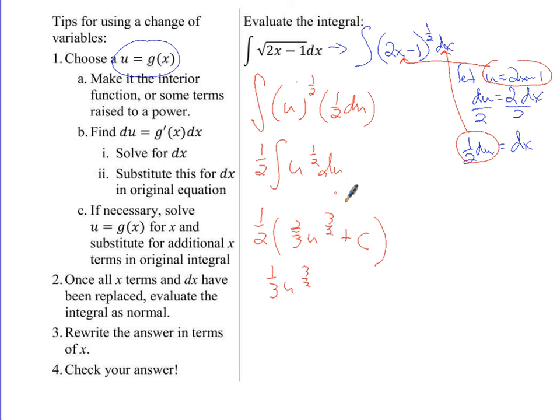If I distribute that in though, I get 1/2 C, which is still just C. So I have 1/3 u to the 3/2 plus C. And now we finish off the problem by back substituting. So we say what u was: 1/3 times (2x minus 1) to the 3/2 plus C is the answer.